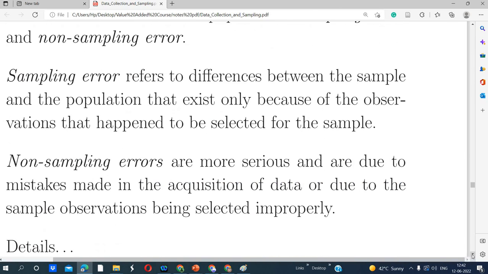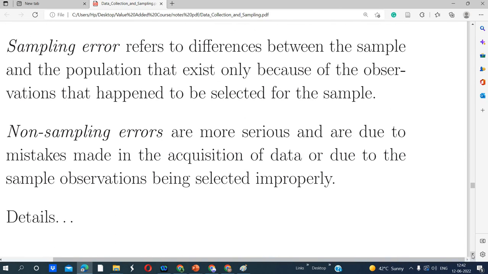Sampling can have error, which refers to the difference between the sample and population that exists only because of the observations that happened to be selected. Sometimes the selection may be biased, but we should not be biased. Whatever part we select should be representative of the whole population.